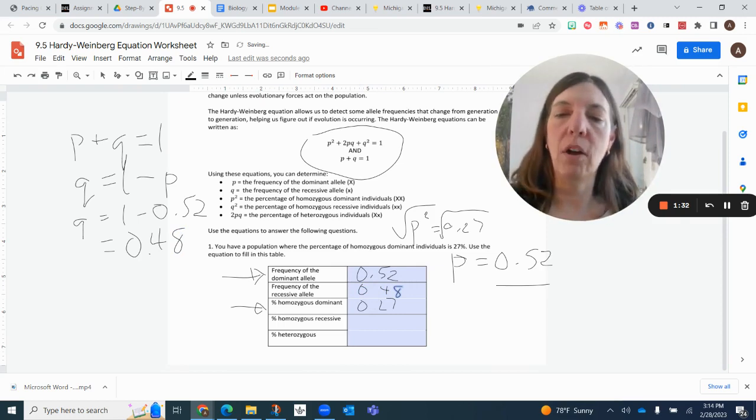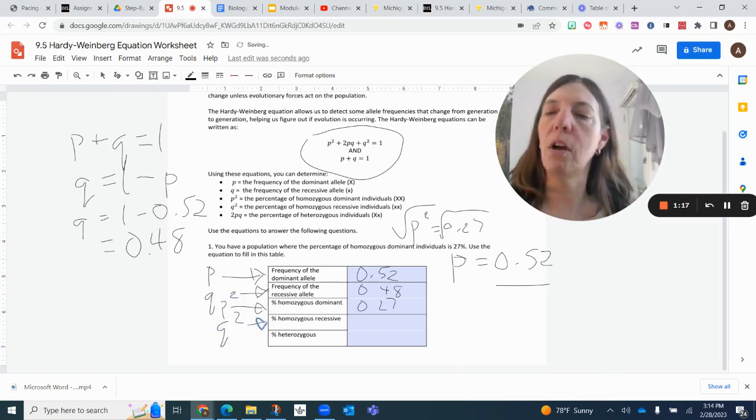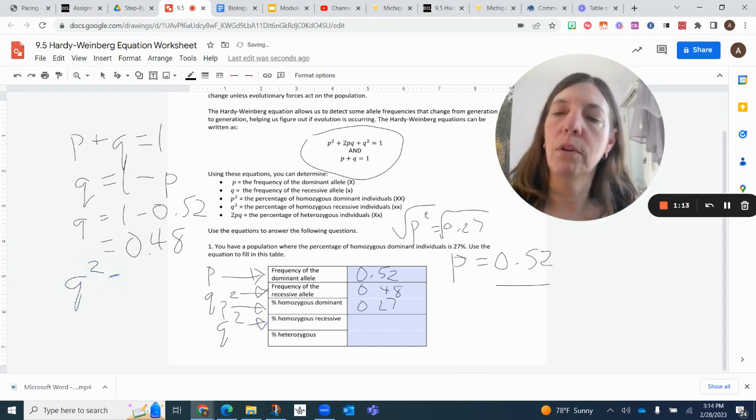Now, we also have to figure out, so that's Q, that's P squared, and this is Q squared. So that's relatively straightforward. All we have to do is square Q, and that means square 0.48 or 48%.